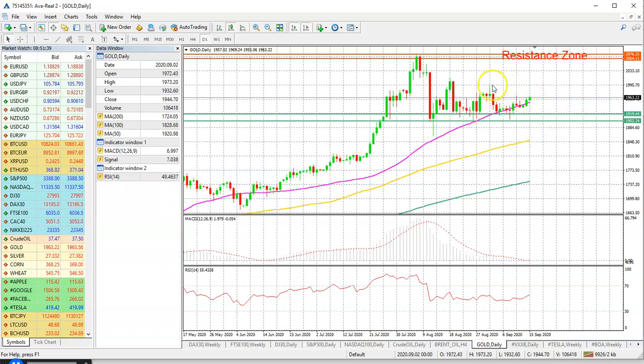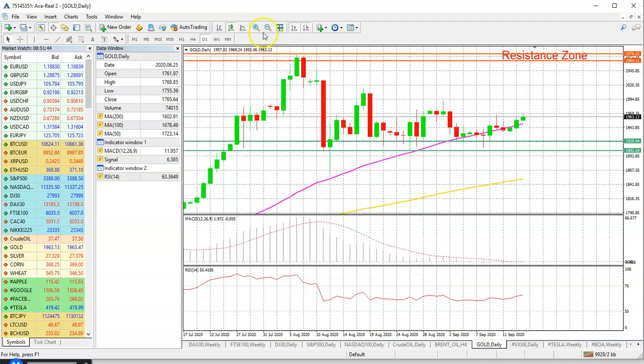So the next important price level for me is to break the resistance of this candle right over here, and that high is 1992. I think once we clear this resistance pretty clearly, we are going to go towards here.